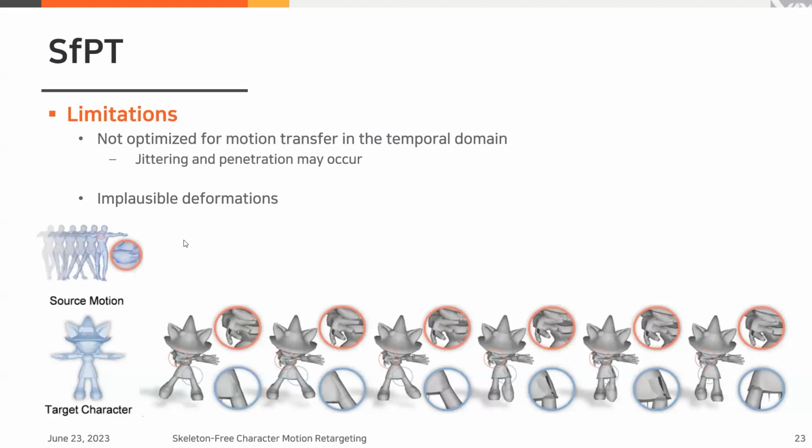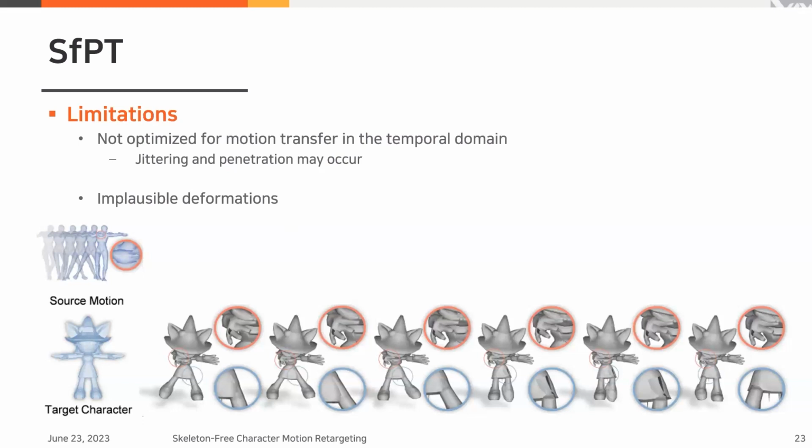Actually, I have a question. This is a skeleton-free method, and they use LBS without a skeleton. So how is it possible to use LBS without a skeleton? I didn't include the detailed equations in this slide.